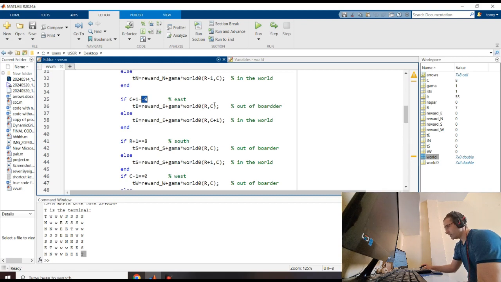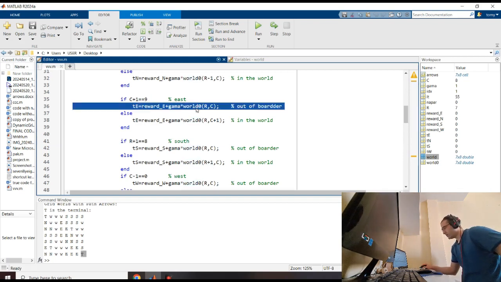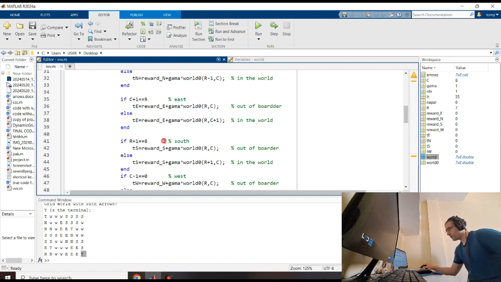Else it is in the world. But what is this line of code if it's out of border? I'm going to come back and check this, but let me check the other ones. If the row plus 1 is equal to 8, it is out of border, else it's in the world.